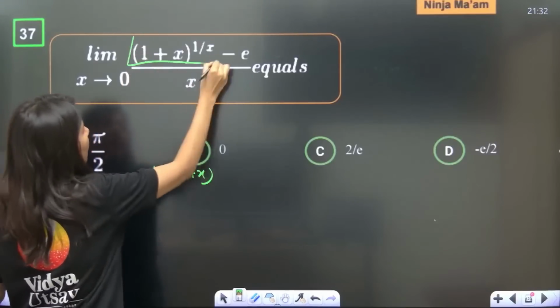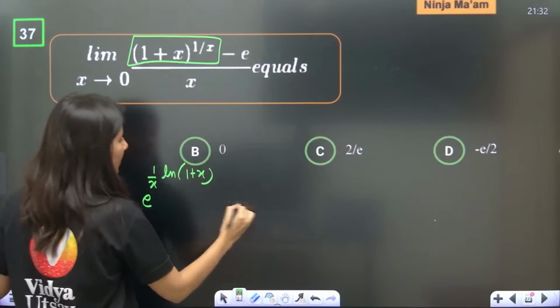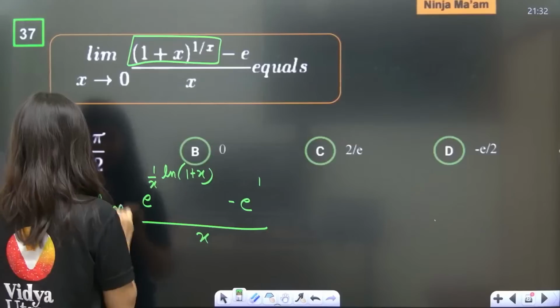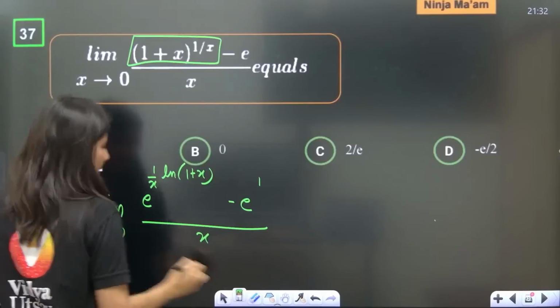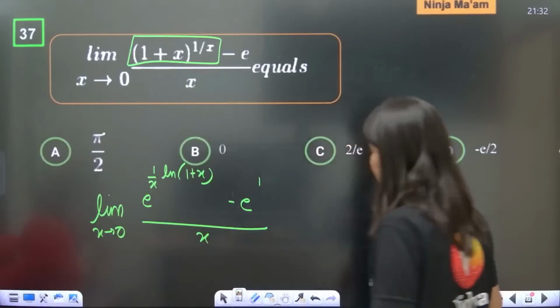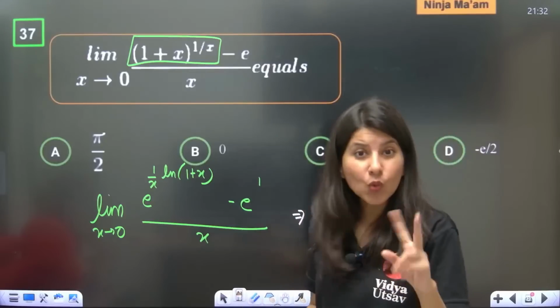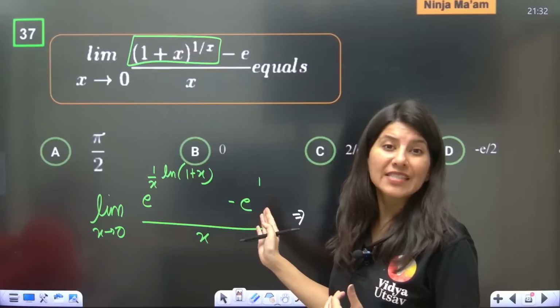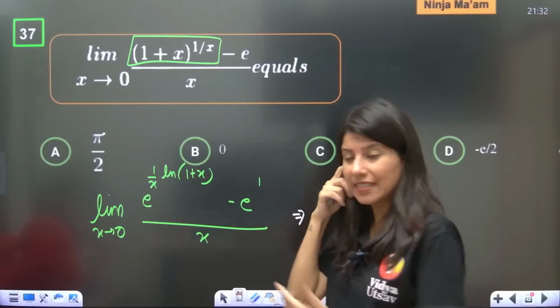This thing and this thing are one and the same thing, yes or no? So what I have done is, I have written this thing in exponential form so that both will become e and e. Now when you see 2 exponentials in subtraction, take the second e out. Yes, take e common.